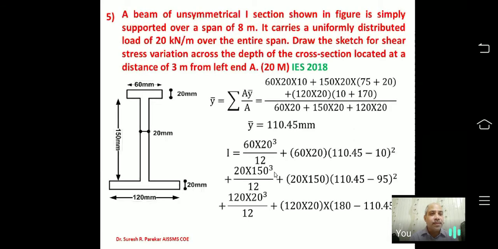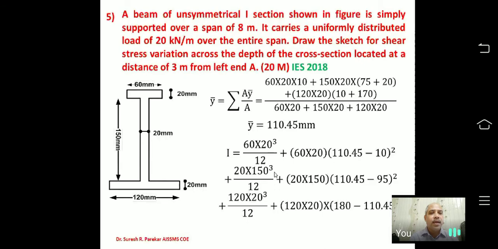So whatever Y1 you have, you can subtract from Y bar. Y1 we have 10, as in Y bar for the top flange we have 60 into 20 into 10. So you have to subtract 10 from Y bar: 110.45 minus 10, whole square.